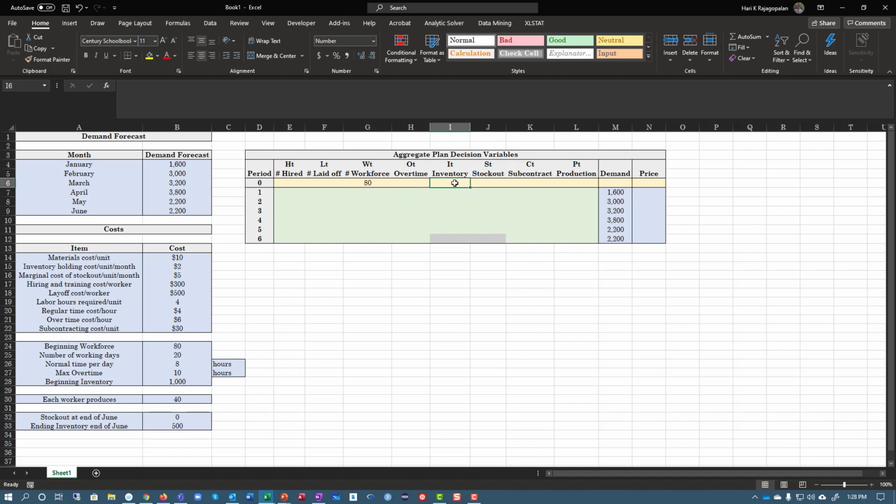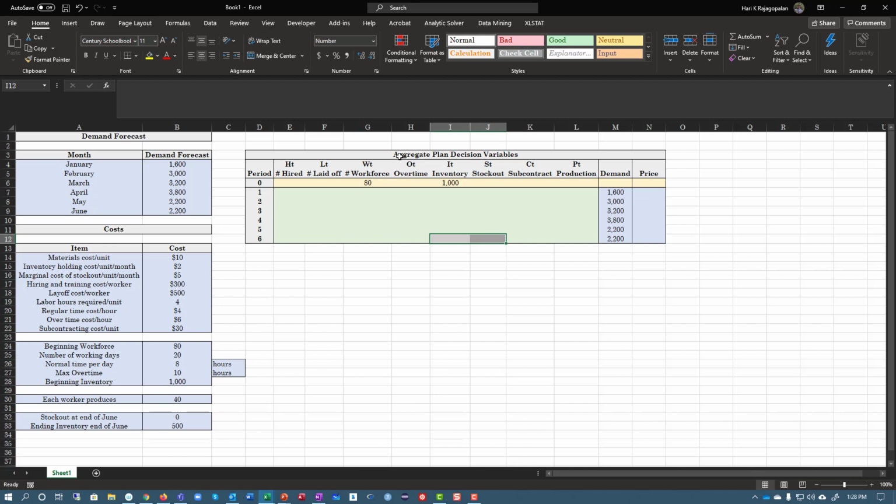We have a beginning inventory of 1,000. There is no beginning stock out. None of this is set up yet. So here, this is your decision variable, and you know that these two here will have to come in as constraints, and we'll talk about that a little bit later.